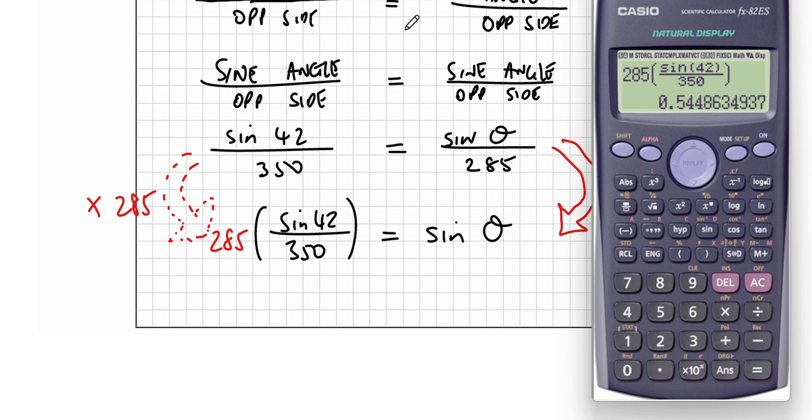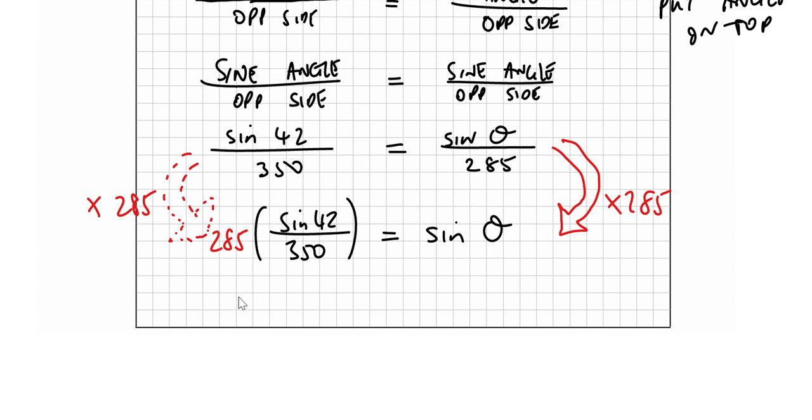So I'm going to leave this in the tank now, but that's 0.5448 dot dot dot, because I'm not finished. That is what sine of the angle is.